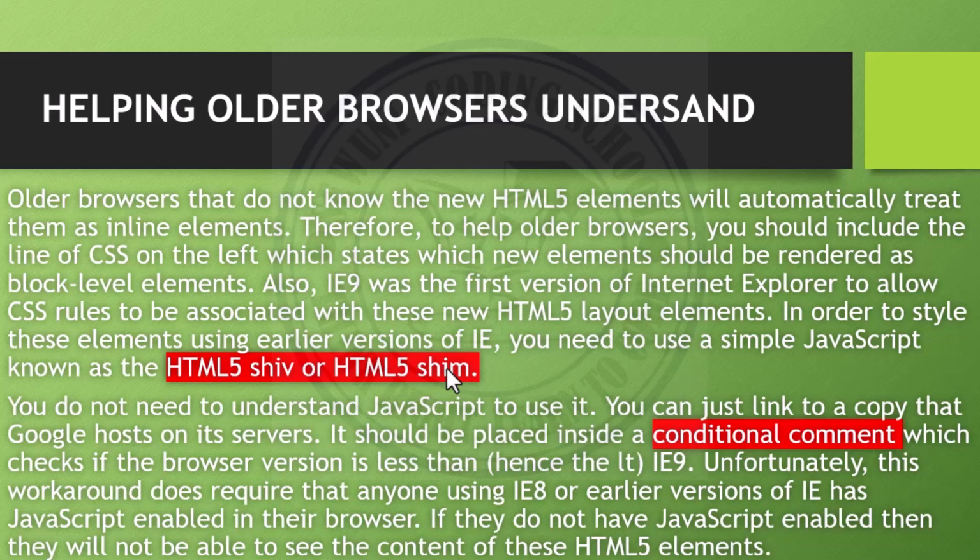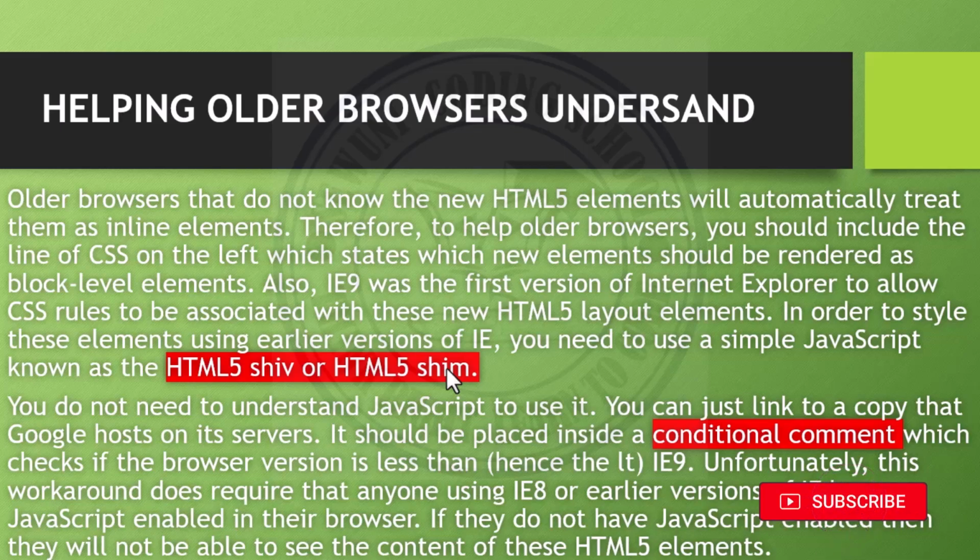Also, Internet Explorer 9, or IE9, was the first version of Internet Explorer to allow CSS rules to be associated with these new HTML5 layout elements. In order to style these elements in earlier versions of Internet Explorer, you need to use a simple JavaScript known as the HTML5 shiv or HTML5 shim.